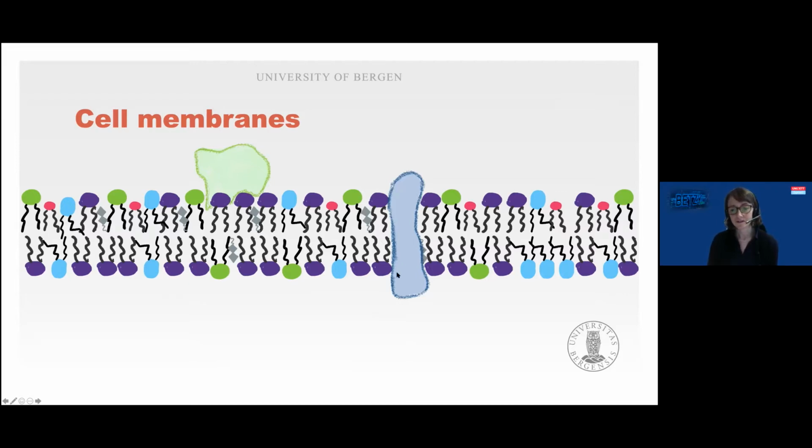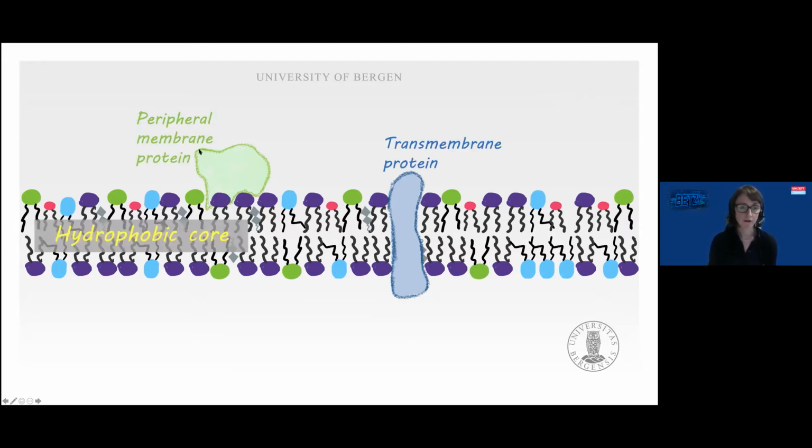And those proteins, they can be transmembrane proteins, like the blue one, meaning that they traverse the whole membrane. For example, transporting things from one side of the membrane to the other. And we also have the so-called peripheral membrane proteins, which we are very much interested in. And those are like the green drawing here.